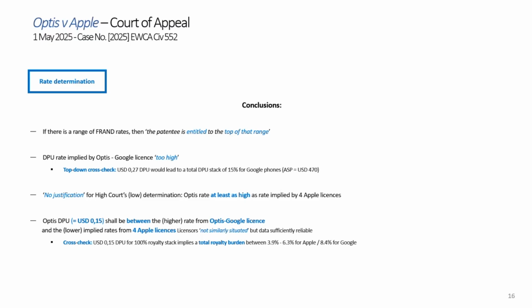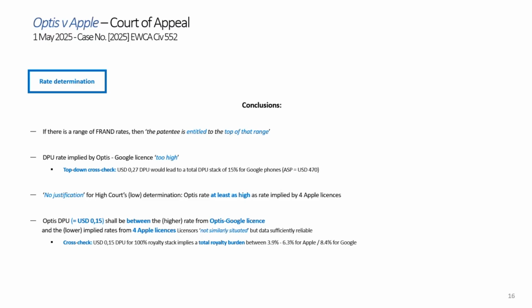So it should not go below. The court found that there is no justification for going below. So this should be basically the least that Optis should get for its portfolio.